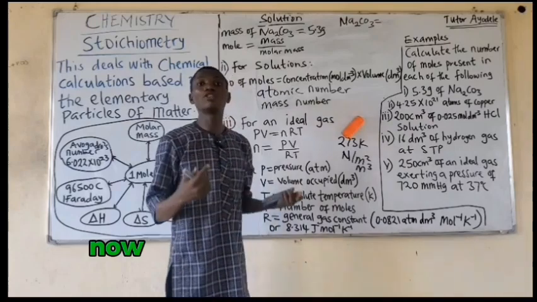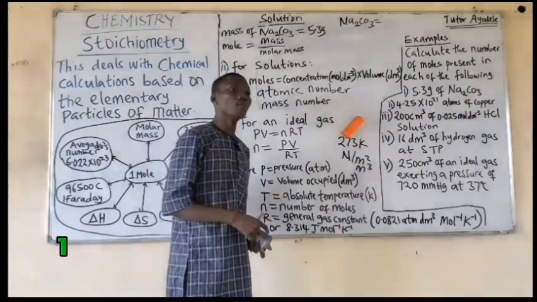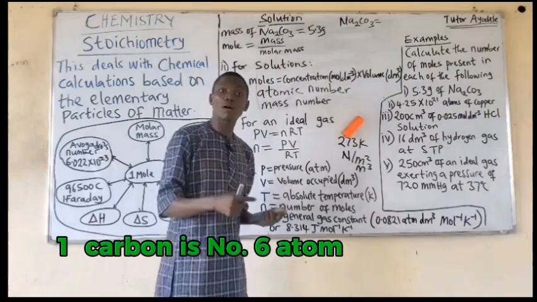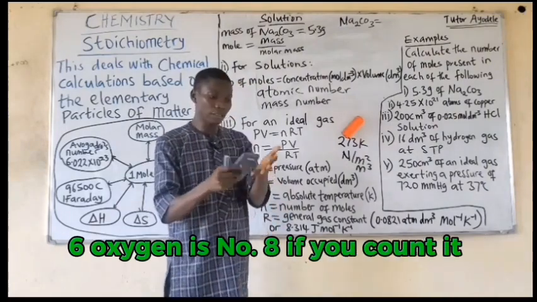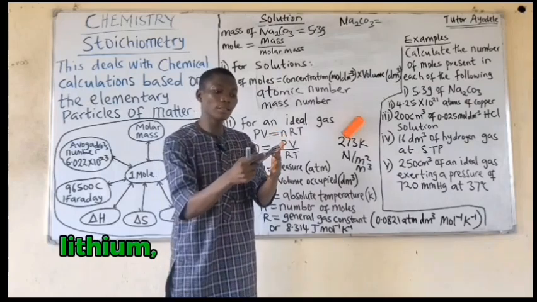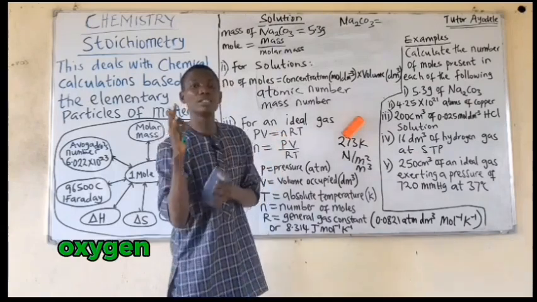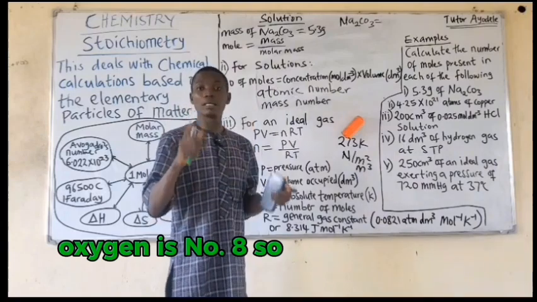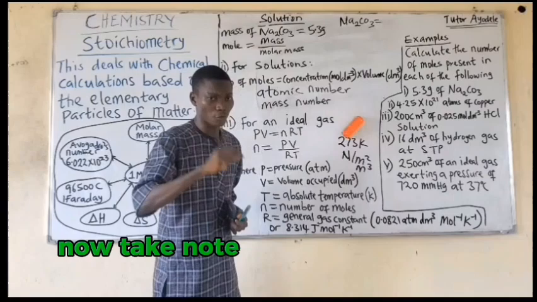For example, hydrogen is number 1. Atomic number of hydrogen is 1. Carbon is number 6. Atomic number of carbon is 6. Oxygen is number 8. If you count it: hydrogen, helium, lithium, beryllium, boron, carbon, nitrogen, oxygen is the number 8. So it has atomic number of 8.